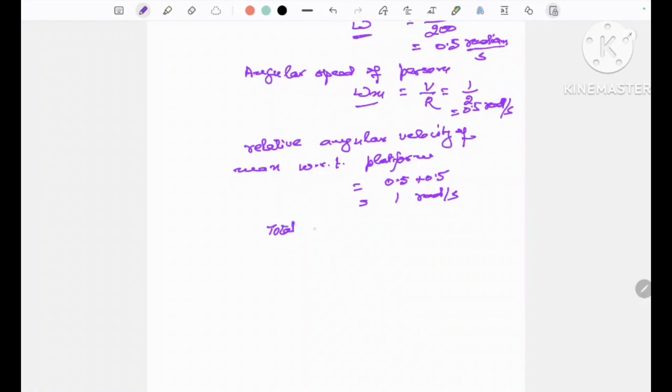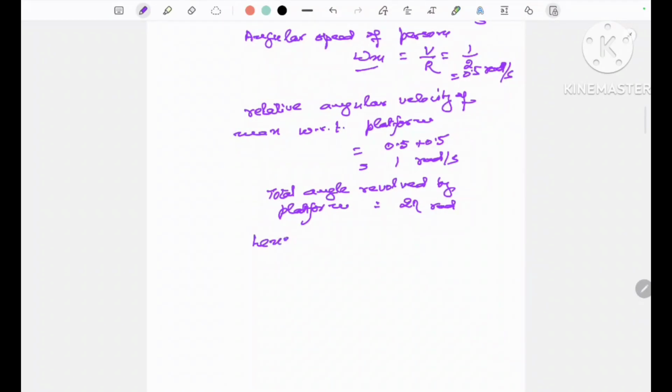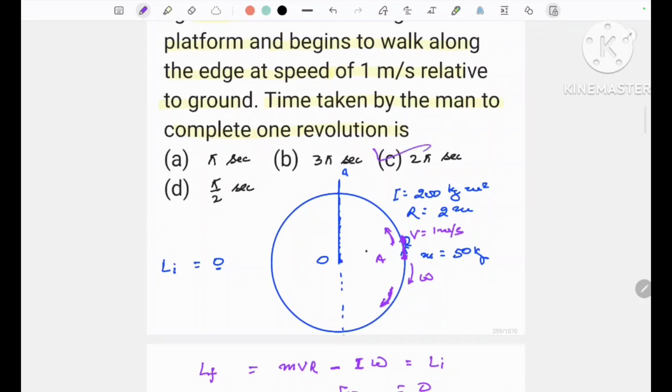Total angle revolved by the platform is 2 pi radian. Hence, time required is angle upon relative speed, 2 pi by 1, which is 2 pi second. This C is the correct option.